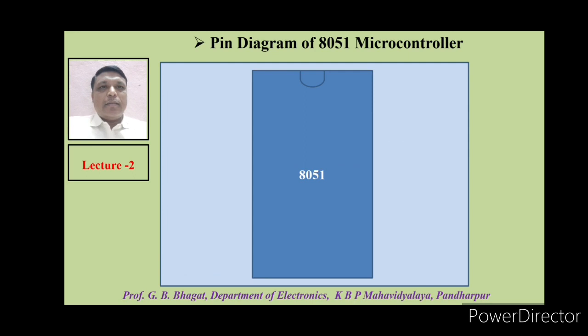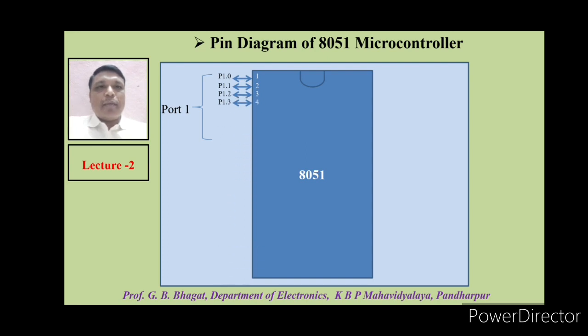Then let us see the pin diagram of 8051 microcontroller. Here pin number 1 to 8 are assigned for port 1. The name of pin number 1 is P1.0. Here P1 stands for port 1 and 0 stands for pin number 0.